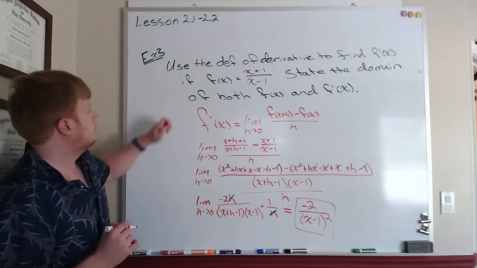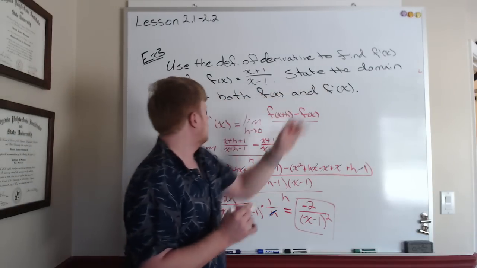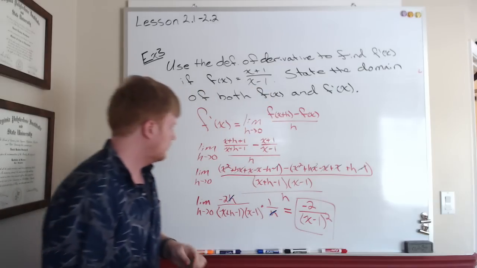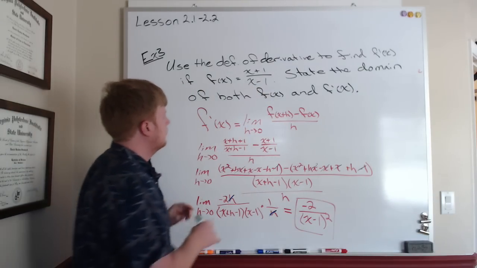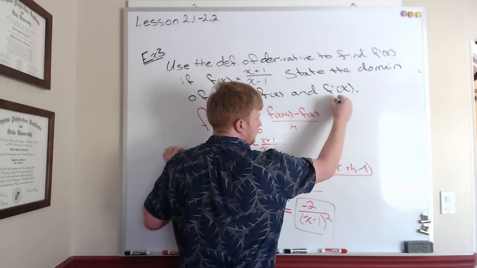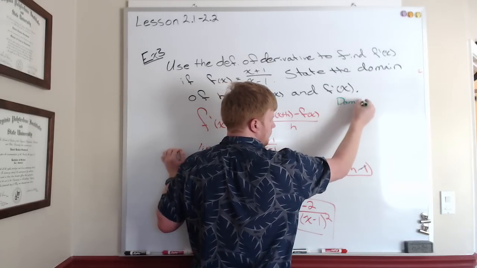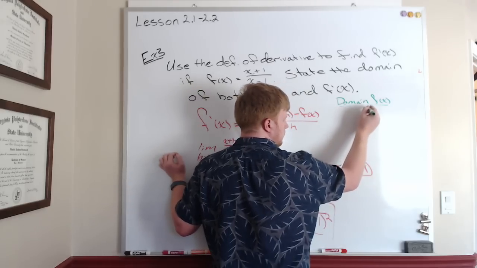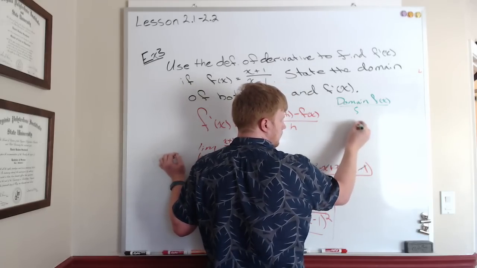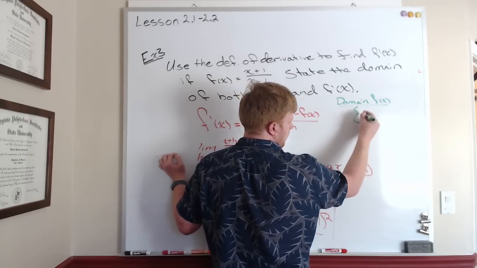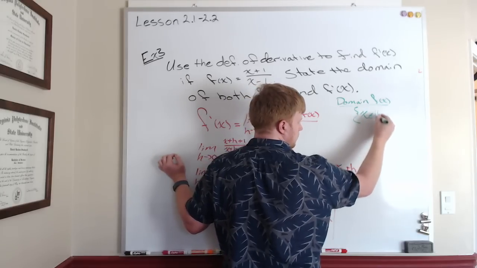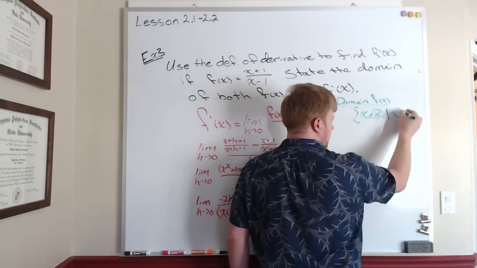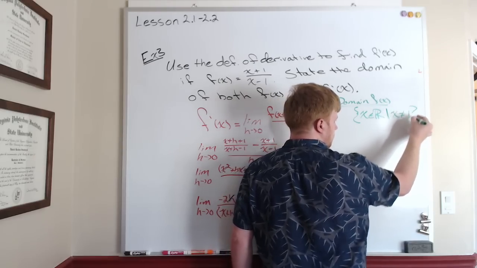Alright, now the question asks to state the domain of both f of x and f prime of x. The domain of f of x is the set of x values from the real numbers such that x is not equal to 1.